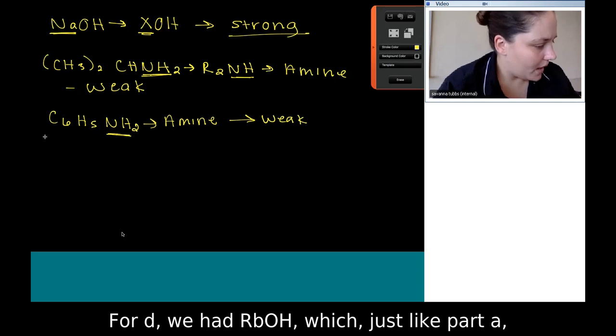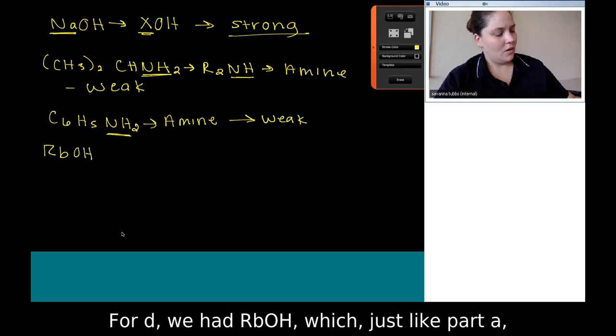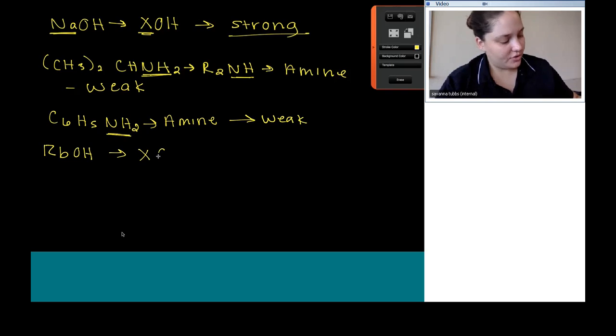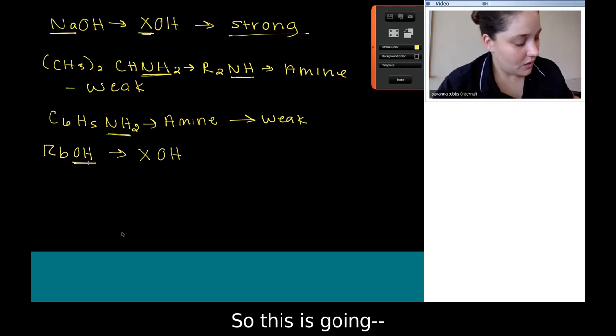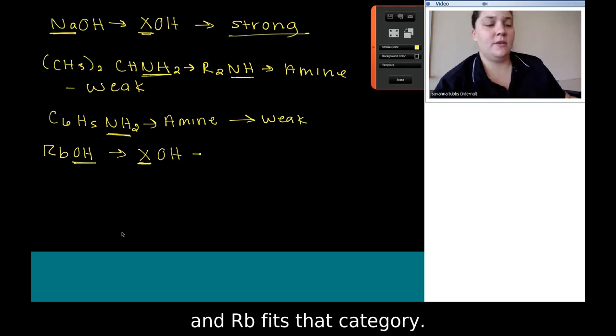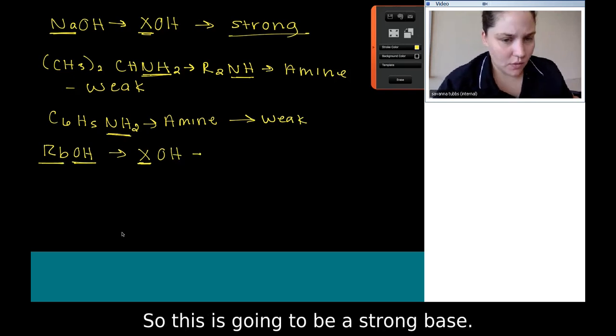For D, we had RbOH, which, just like part A, looks like the structure of XOH. We check to make sure that our X comes from a group 1A metal, and Rb fits that category. So this is going to be a strong base.